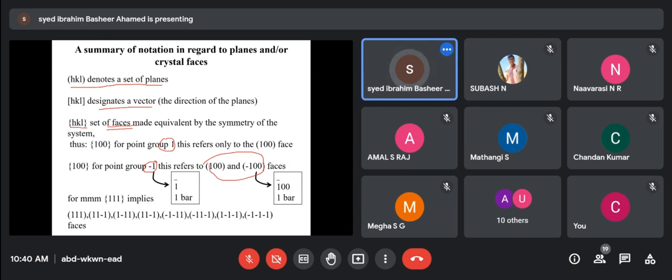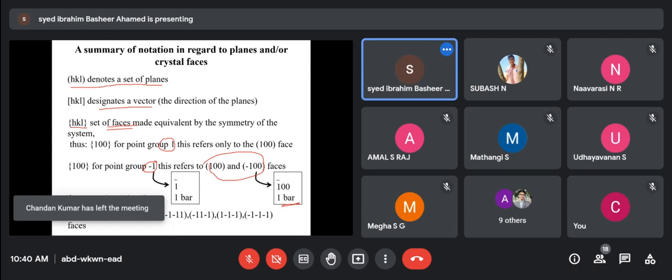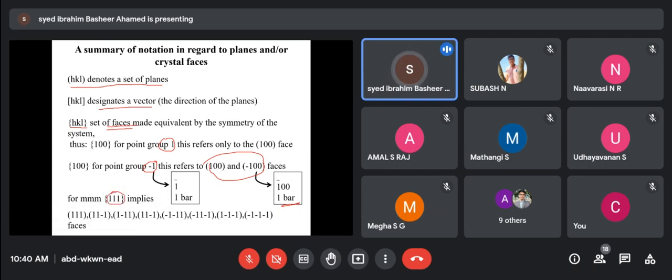It will not be pronounced as -1; instead, it will be pronounced as 1 bar, so 1 bar 00. For a set of reflections like 111, you will have this many phases.